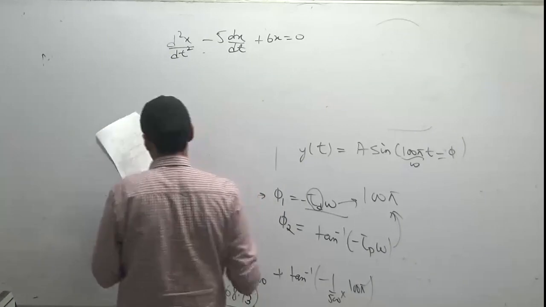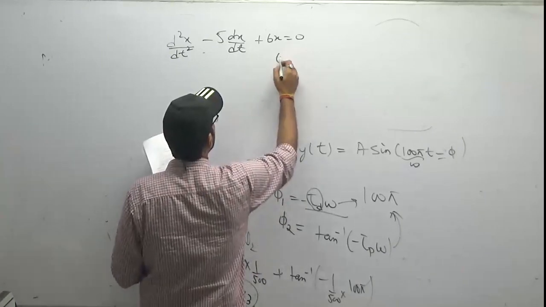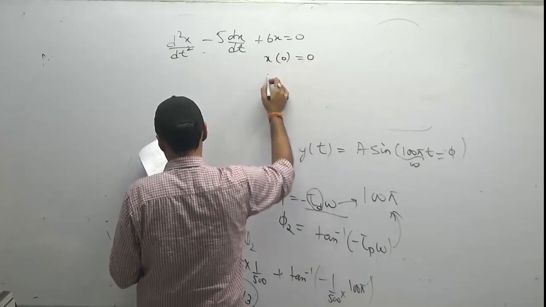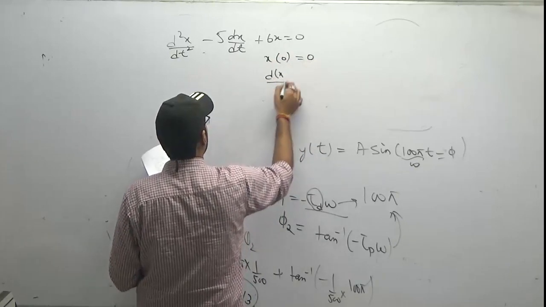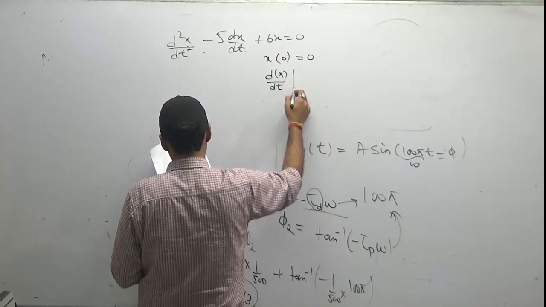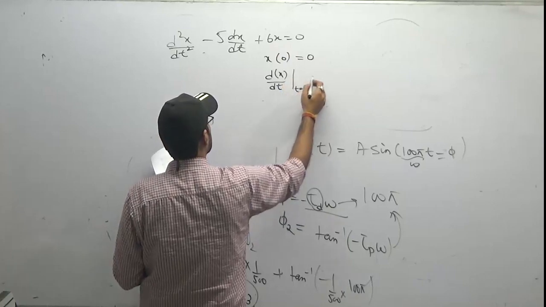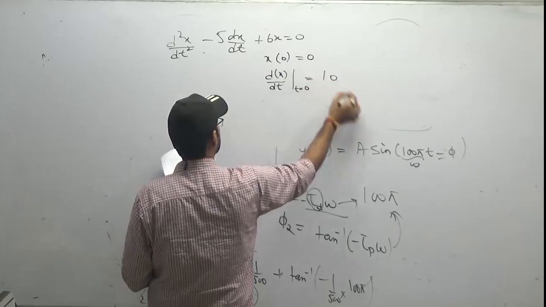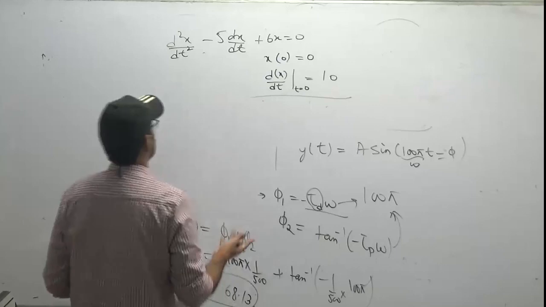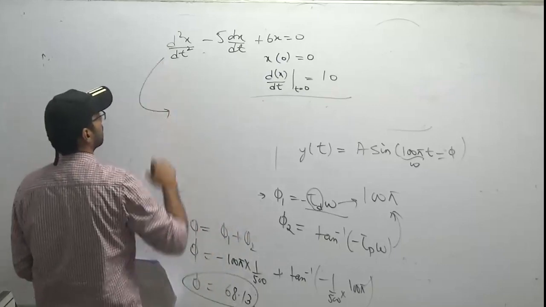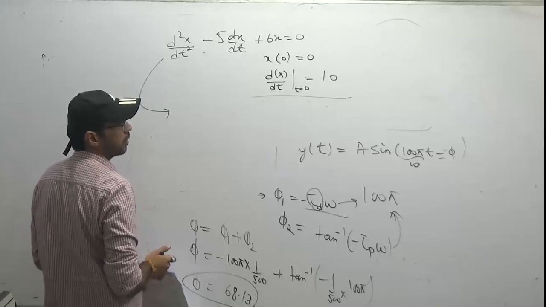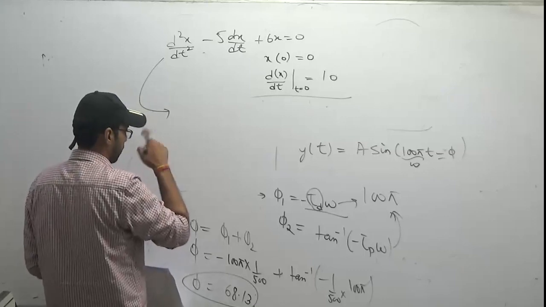Initial conditions are given. X of 0 is equals to 0 and dx by dt at t is equals to 0 gives you 10. What is the solution? You can easily calculate the solution for this one. What is the auxiliary equation in this case? Tell me, what is the auxiliary equation?